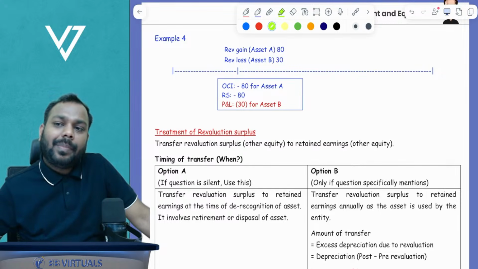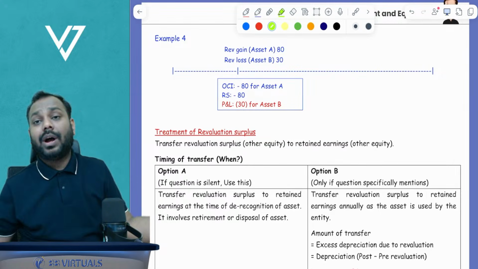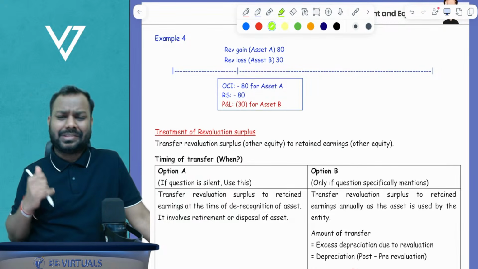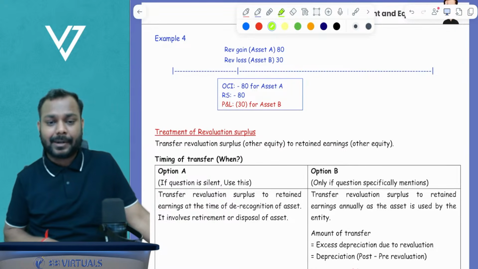So now I will be answering the long awaited question. Many students were asking, sir, what is recyclable? What is not recyclable? Now let me answer that.